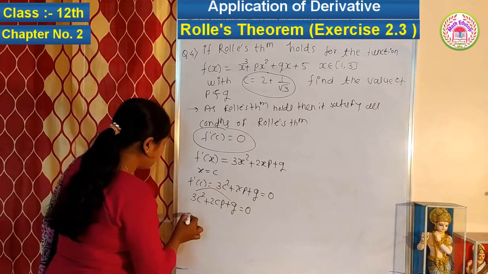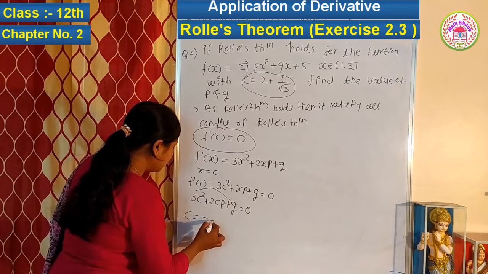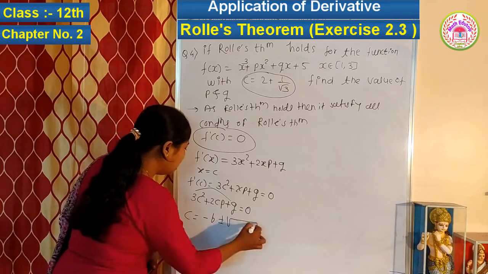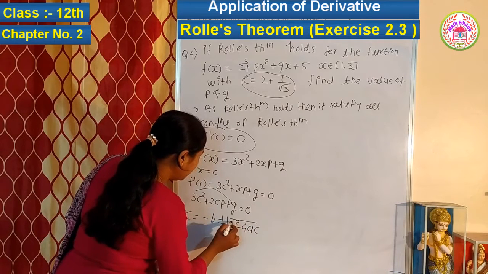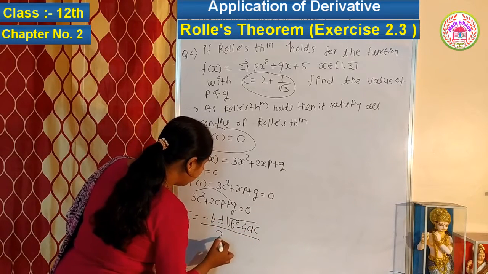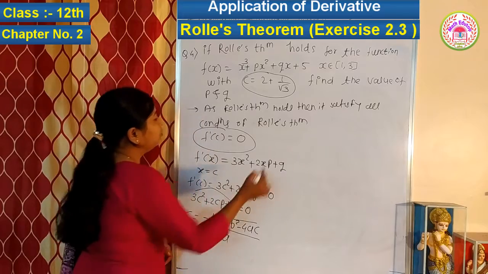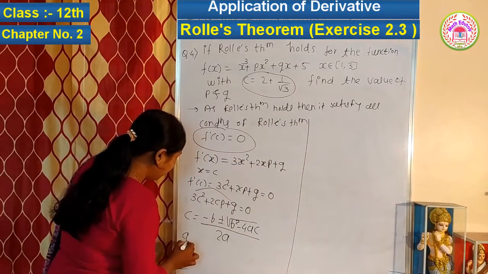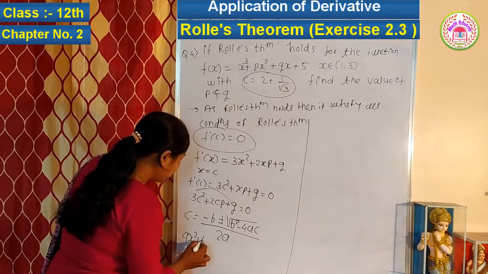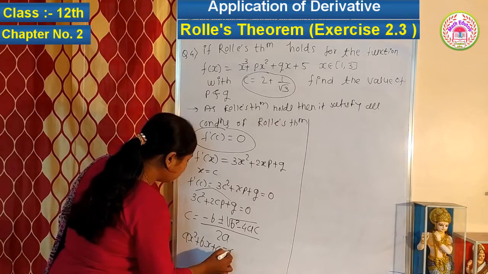Then we use the formula c is equal to minus b plus minus square root of b square minus 4ac, divided by twice a. We know the standard form of a quadratic equation: ax square plus bx plus c is equal to 0.